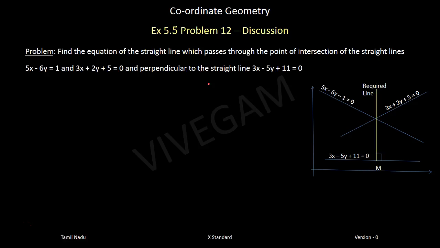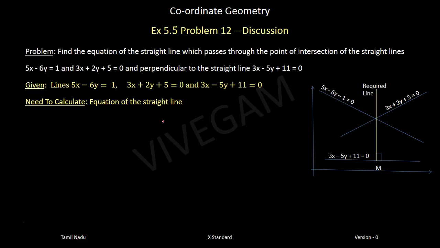Now let's list out what is given. Given are the two lines through which the required line passes, and it is perpendicular to the third line. We are asked to find the equation of the straight line. The formula is y minus y1 equal to m into x minus x1. For this we need the slope as well as one point. First let's see the point.